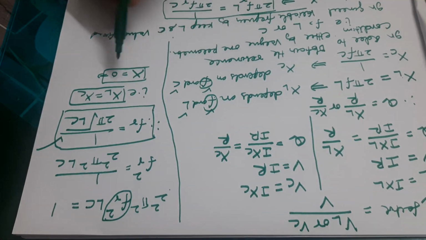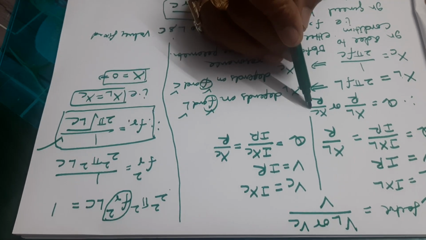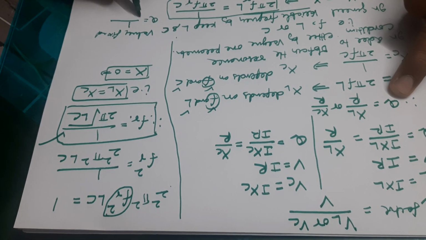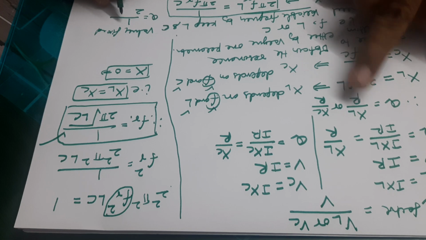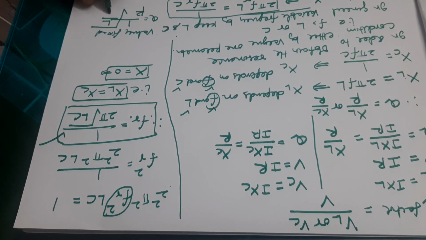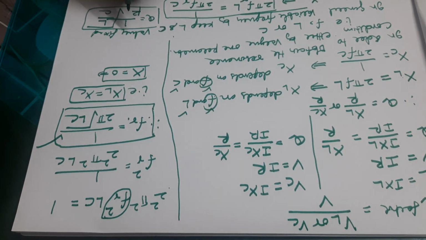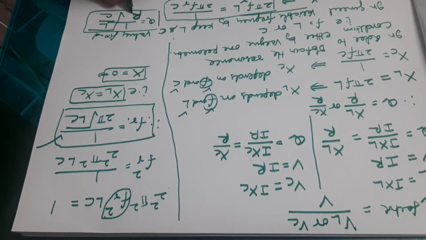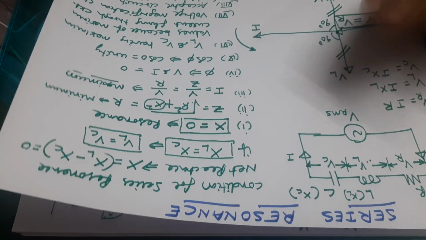By substituting the value of resonance frequency in this formula for Q factor, taking the XL value here, we will get the Q factor as 1 by R square root of L by C. That you can check afterwards. So this is a very important concept.